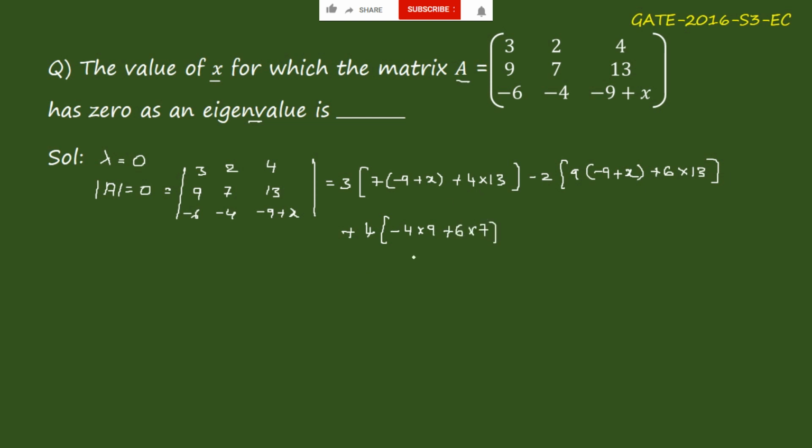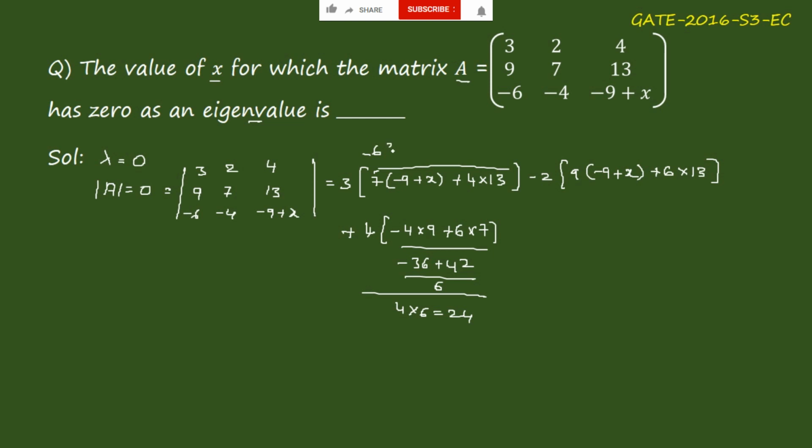Now if you substitute this, 4 into (-36 plus 42), subtracting these two we get 6. So the whole thing is 4 into 6, which is equal to 24.